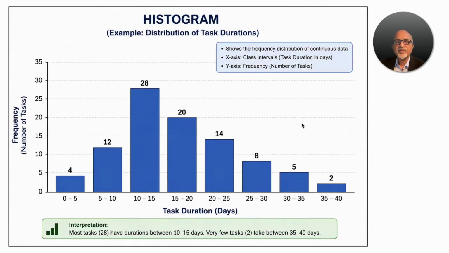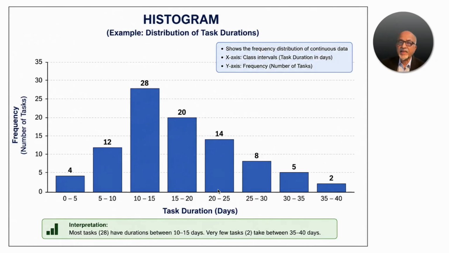Then we have the histogram. This most probably everybody will be knowing. So this is based on distribution of task durations. Now 0 to 5 days duration, we have 4 tasks. 5 to 10 days duration, we have 12 tasks. 10 to 15, it is 28 tasks. 15 to 20, this many tasks.